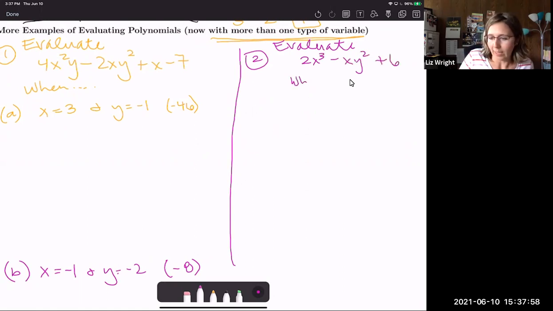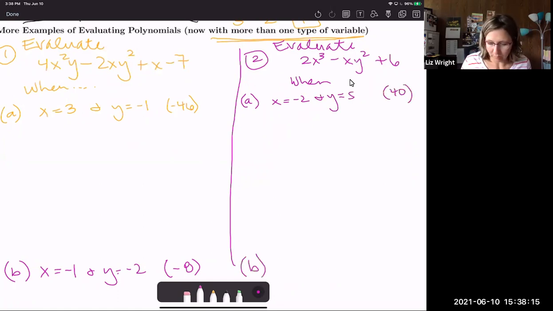And it's when x equals -2 and y equals 5. And the answer to that one should be 40. And then our last example for this page is going to be when x equals -4 and y equals -3. And the answer to that one should be -86.